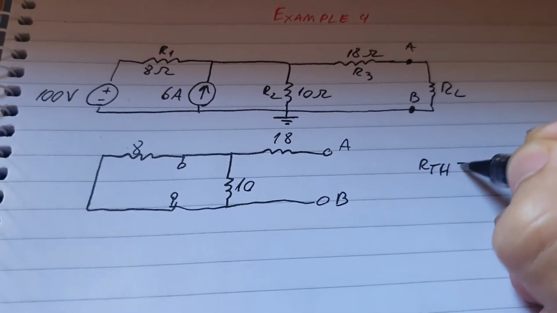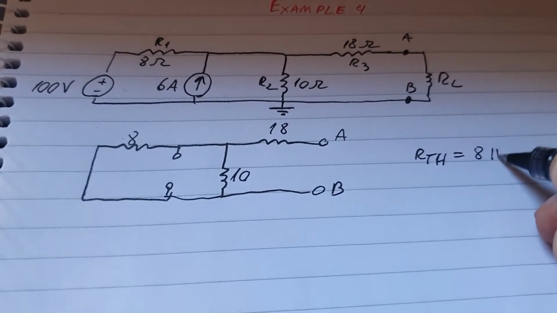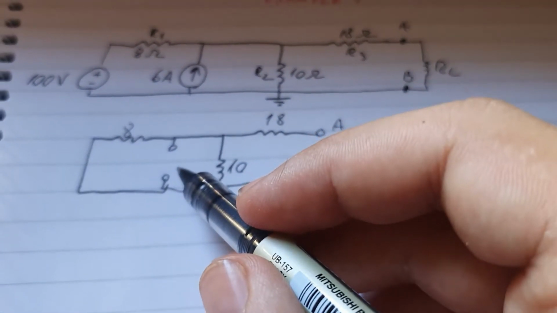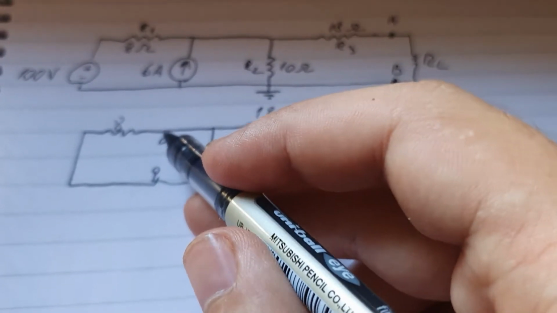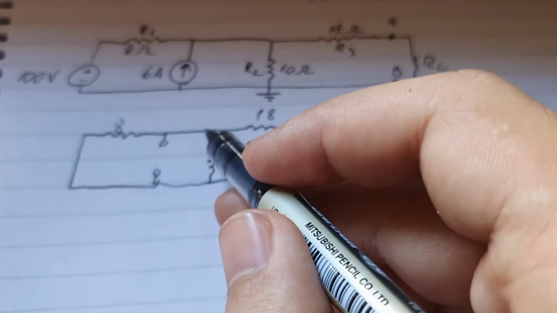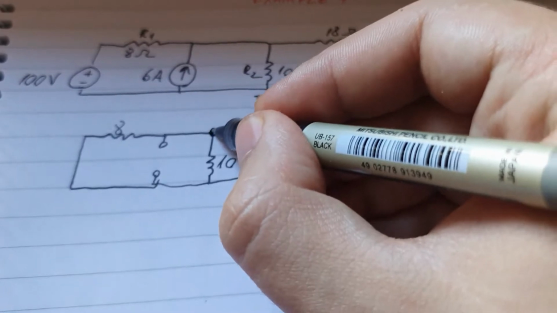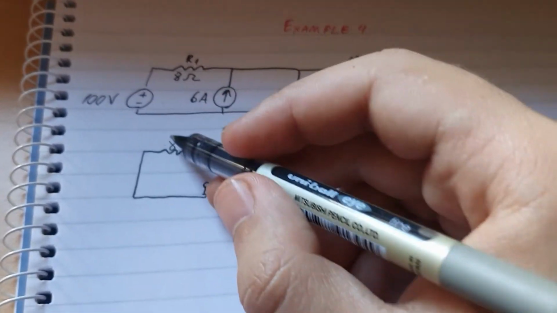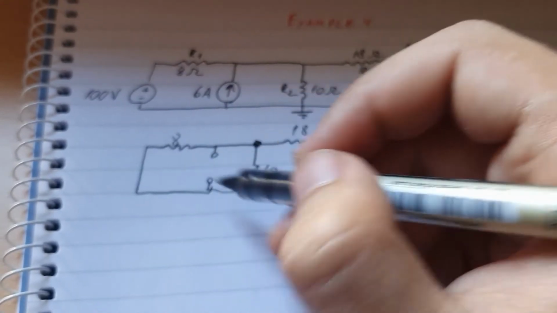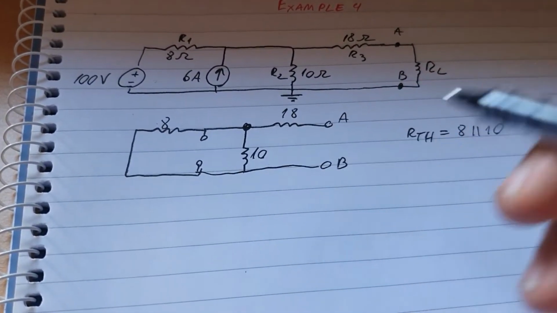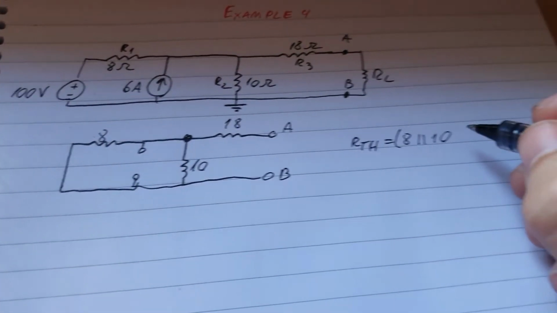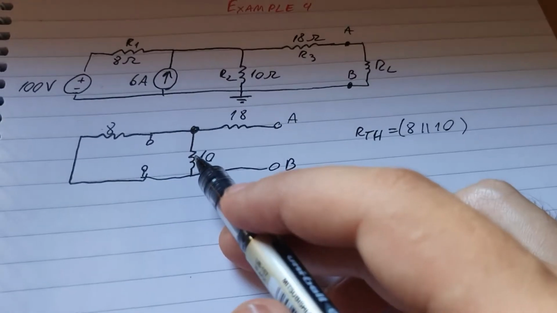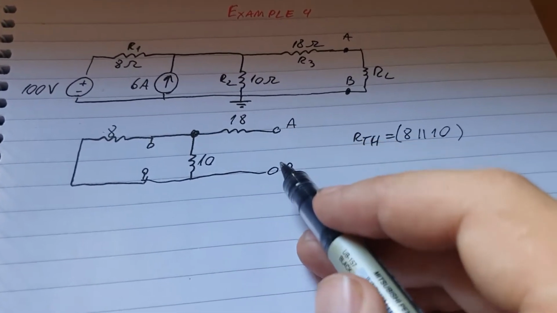RTH is equal to 8 in parallel with 10, because again this one is an open, yeah, there is a junction here, there's nothing in here, there's no current going through this direction, so 8 and 10 are in parallel because of the junction here. And then after we get them, they become one resistance in here, so that will make it in series with this one.